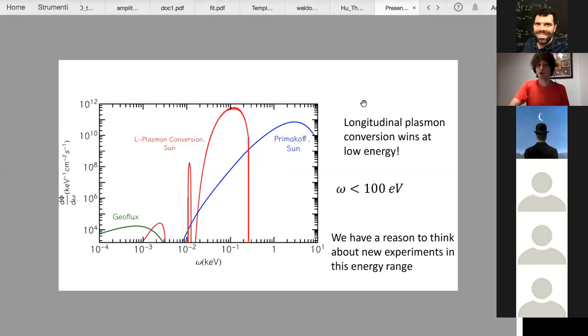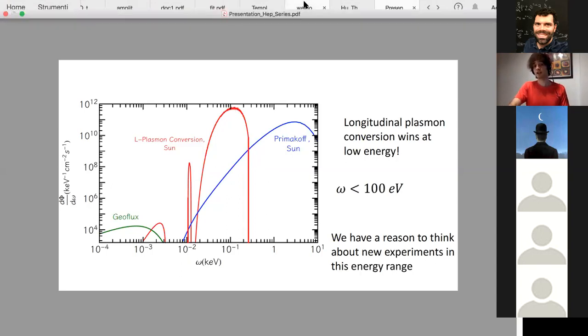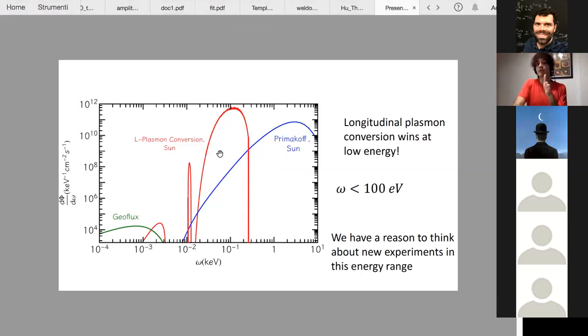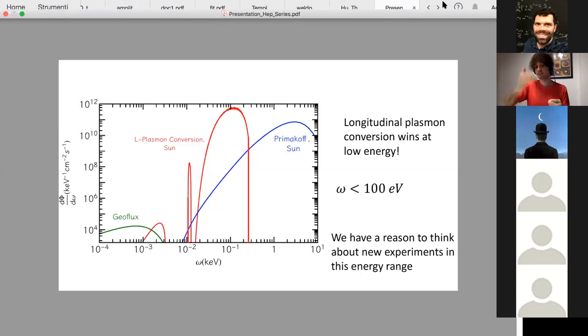I was talking about these three regions, right? This first peak, you remember that I told you that in this magnetic field model, there was the internal region. So this peak is coming from the internal region, where the magnetic field is very large and the plasma frequency is around 100 electron volt. The second peak is coming from the tachocline region that is less dense with a less strong magnetic field.